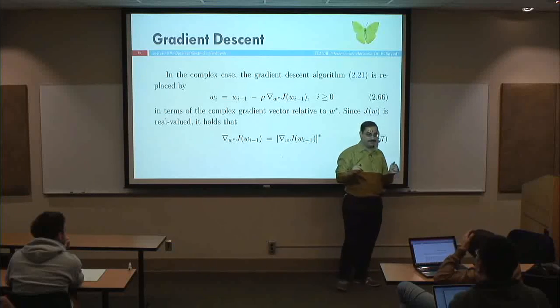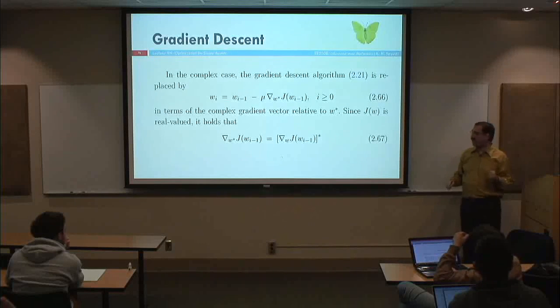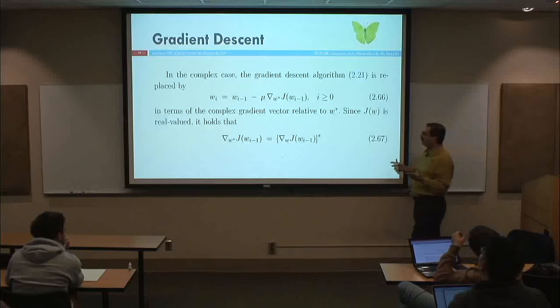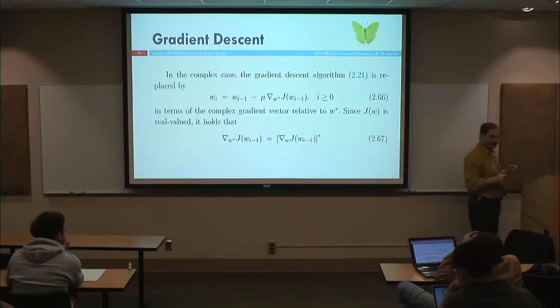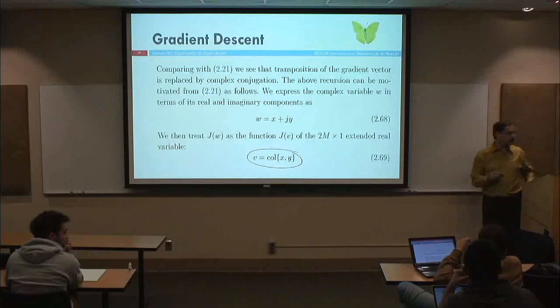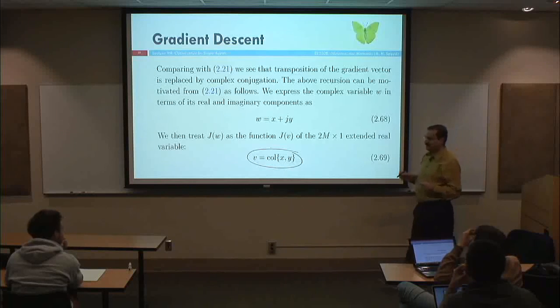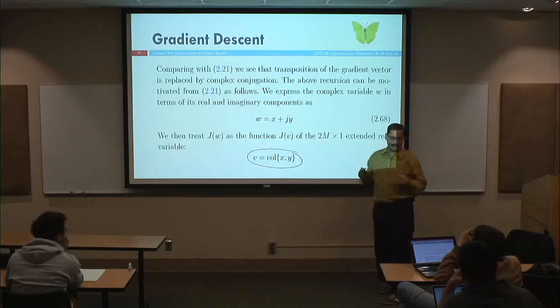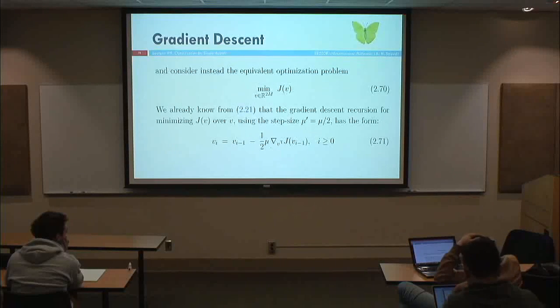But why omega star? To prove it, let's think of the problem in the real domain. Think of J of v rather than J of omega. Let's introduce the real variable v, and consider the real version of the problem.